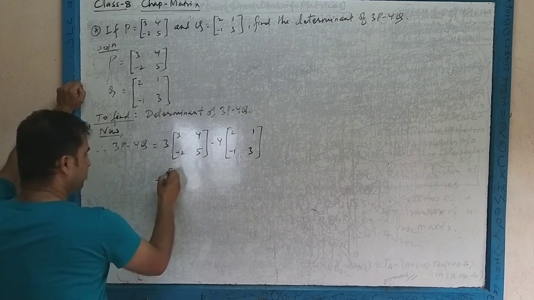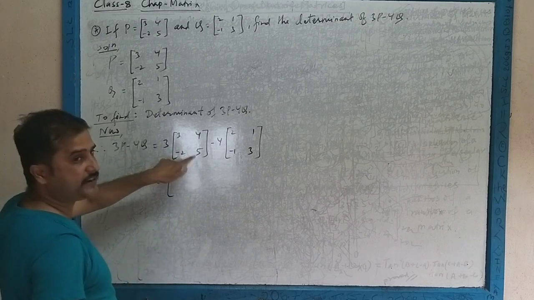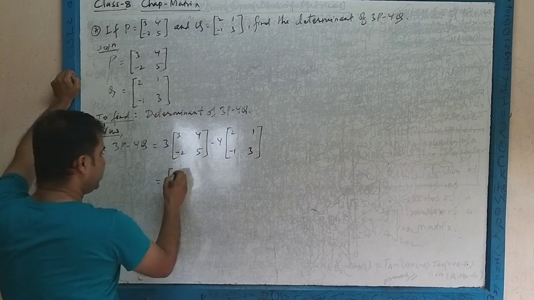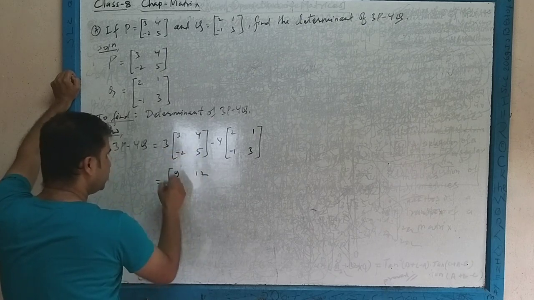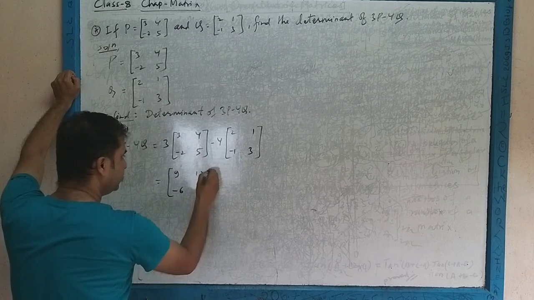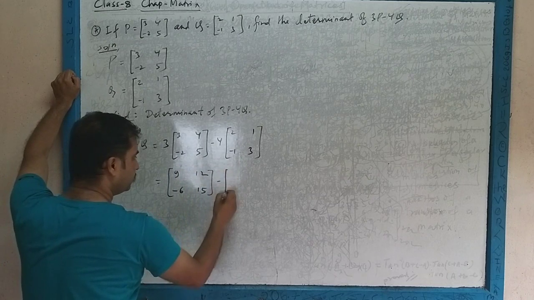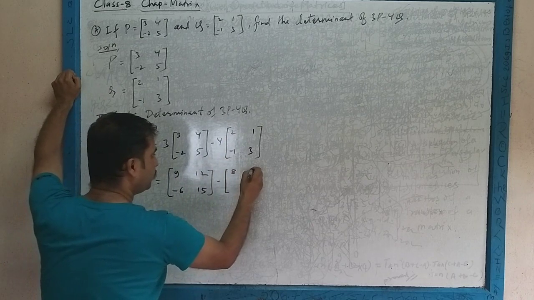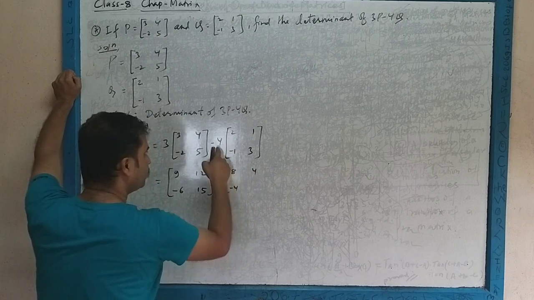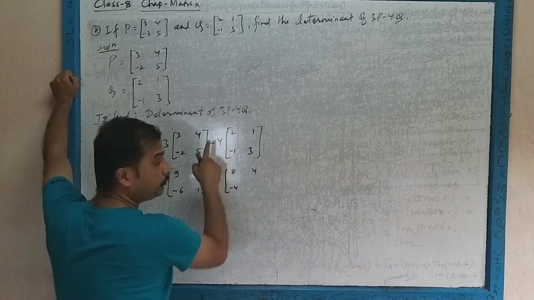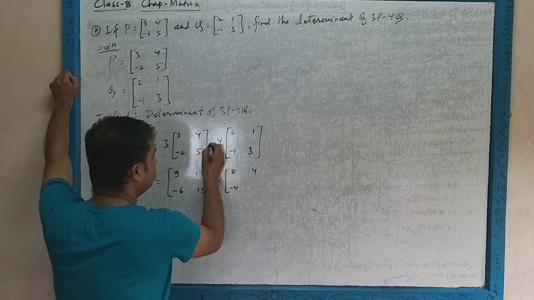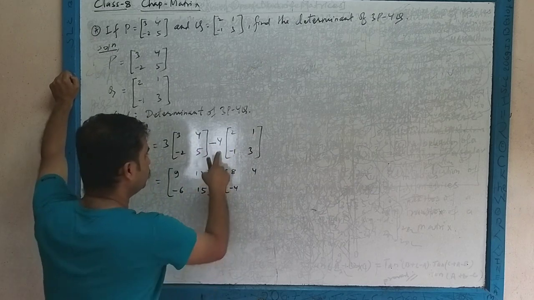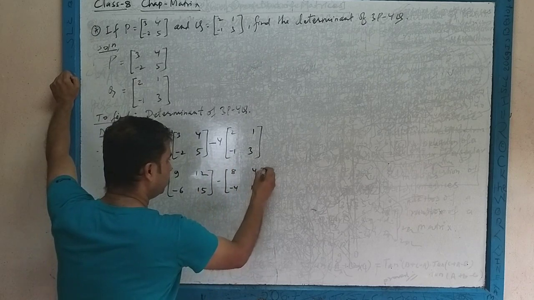Let's multiply. You are multiplying a matrix by a scalar. So 3 3s are 9, 3 4s are 12, 3 2s are 6 and 3 5s are 15. Now 4 2s are 8, 4 1s are 4, and it's minus 4. Do not multiply by the minus, leave the minus sign as it is. So 4 3s are 12.